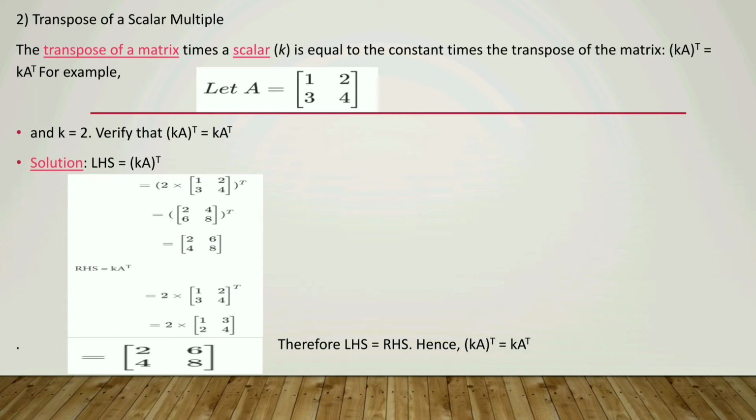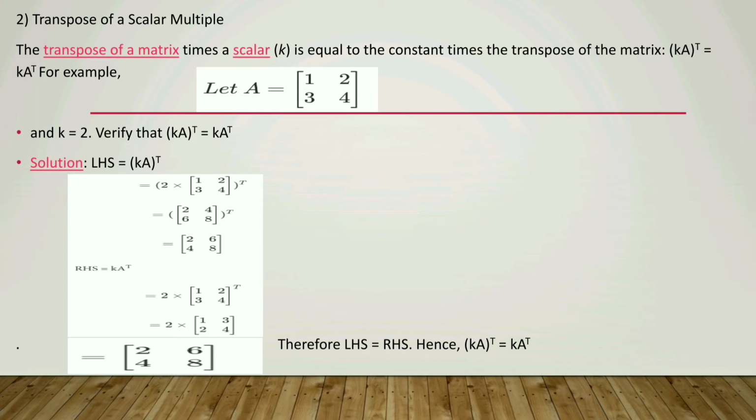Second property is transpose of a scalar multiple. The transpose of a matrix times a scalar is equal to the constant times the transpose of the matrix. That is, (kA) raised to T equals k into A raised to T. For example, consider A equals [1, 2; 3, 4] and k equals 2. Then verify that (kA) raised to T equals k into A raised to T. Consider LHS equal to (k into A) raised to T, which is equal to 2 into the matrix [1, 2; 3, 4], and now you take the whole transpose and you get the matrix [2, 6; 4, 8].